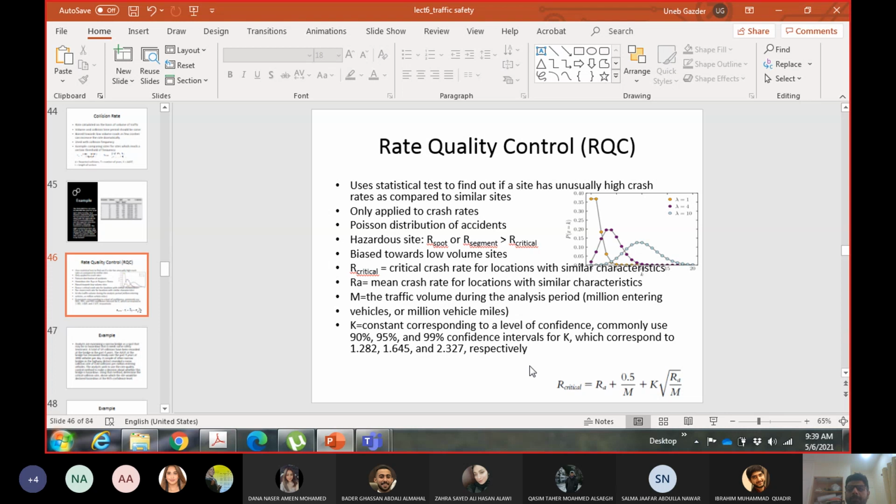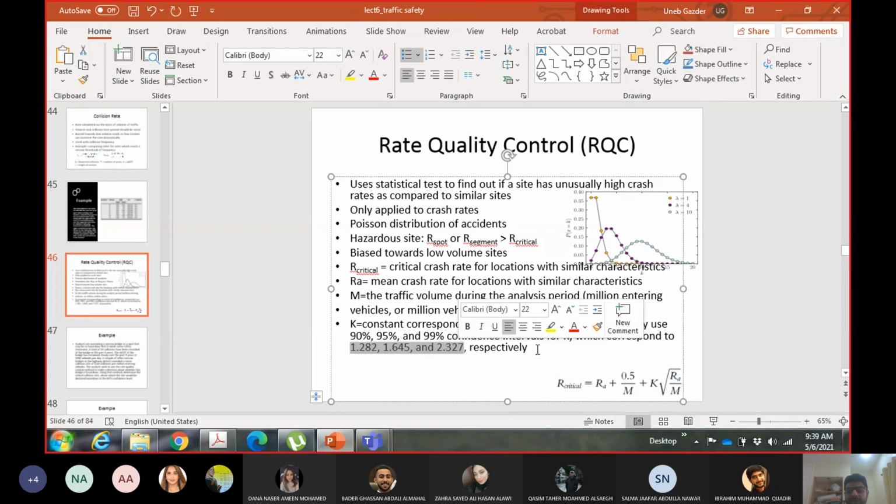Normally we use confidence intervals of 90%, 95%, and 99%. The values of K according to these confidence levels are given here: 90% 1.282, 95% 1.645, and 99% 2.327. These are constant values, you don't have to worry about it.